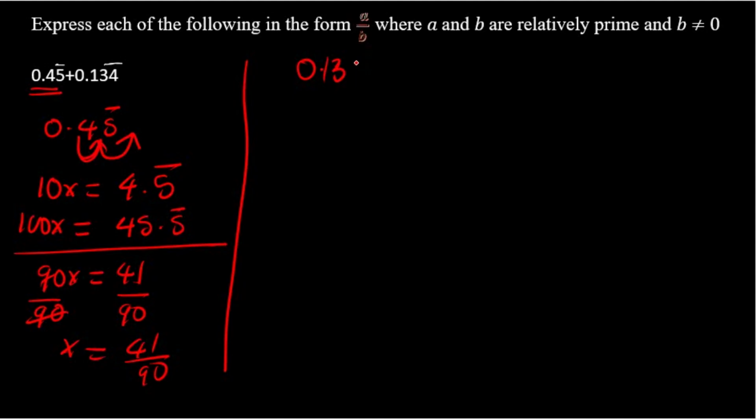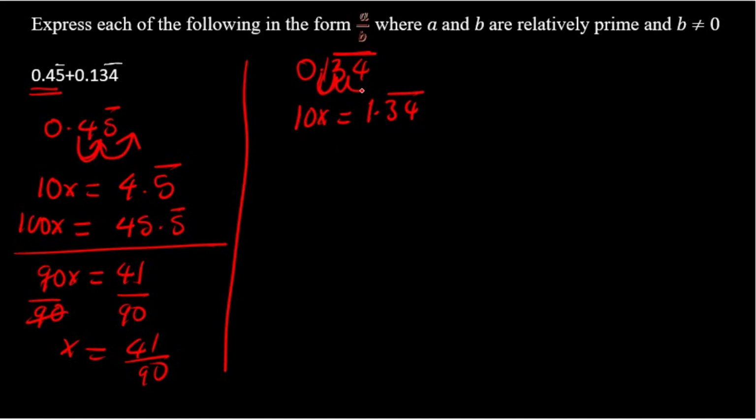Which numbers are repeating? It's 3 and 4. So 3 and 4 are the ones that are repeating. Let's get the point in front of the number that is repeating, so we move 1. So it will be 10x equal to 1.34.